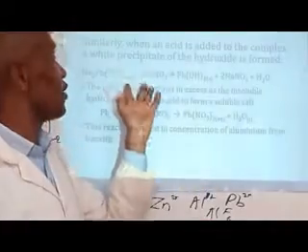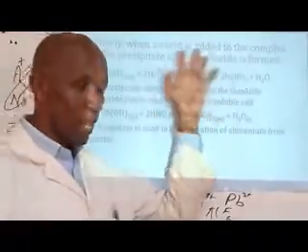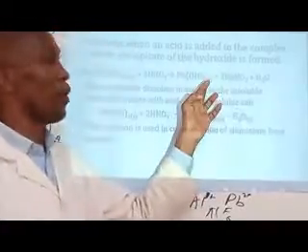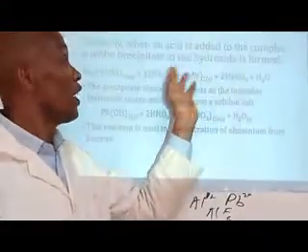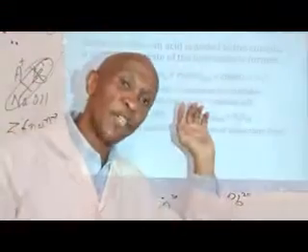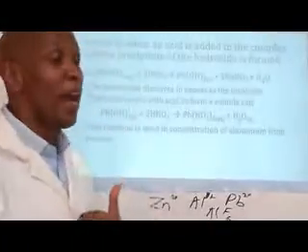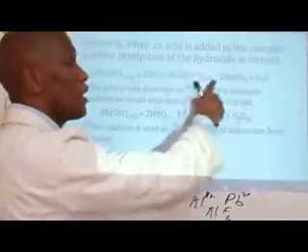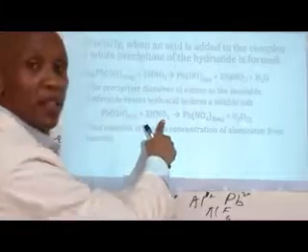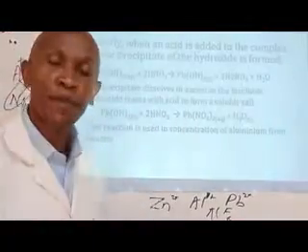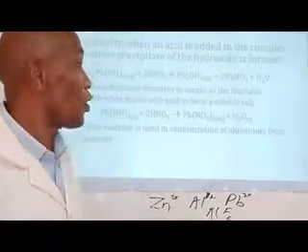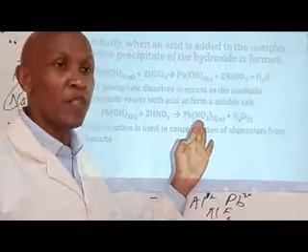Now the tetrahydroxo aluminate, if you add an acid, it forms a white precipitate. White precipitate of what? The insoluble hydroxide. When you continue by adding the acid, this hydroxide can now react with the acid to form lead nitrate. So you'll get a white precipitate that dissolves in excess.